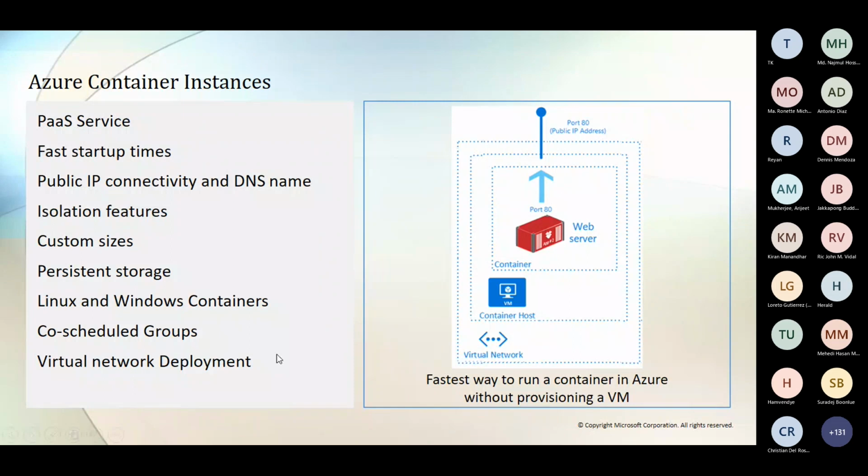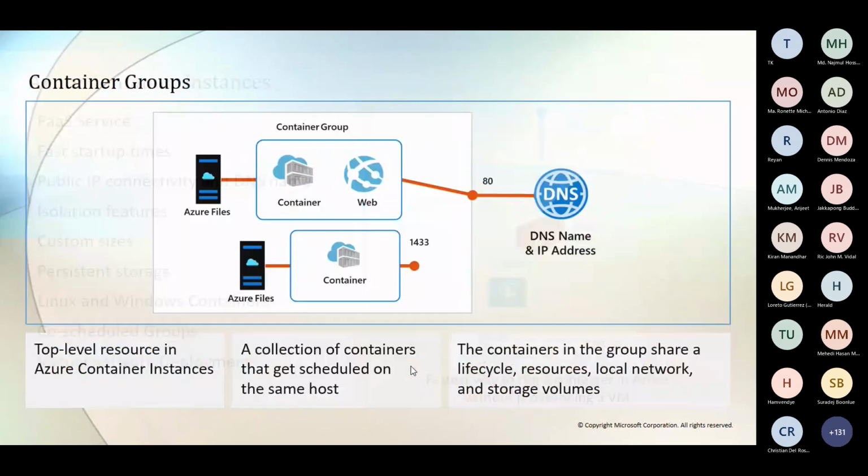So container group: you can make a group of containers. Suppose these are the Azure files, there is one container group and two container groups which have Azure files. Maybe the code of the Azure files content is at the web. How do you access this? With a DNS name or IP address. Like a collection of containers scheduled on the same host.